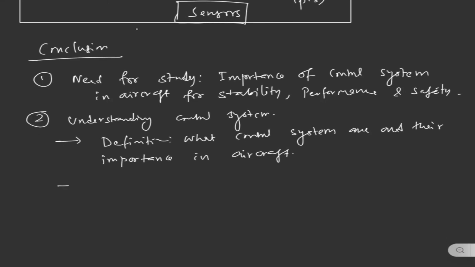And also we have studied the types of control system, which is basically the open loop and closed loop control system.